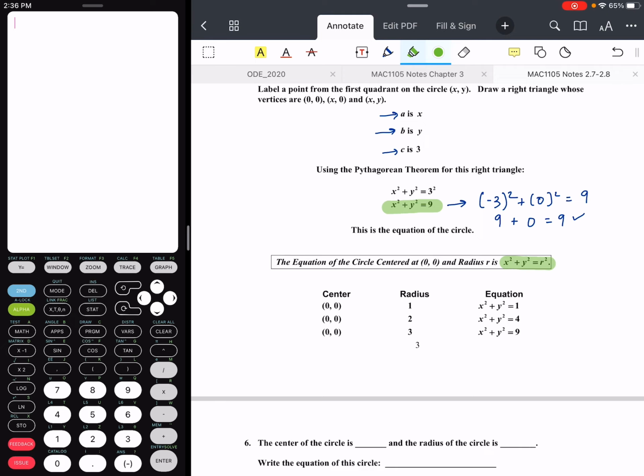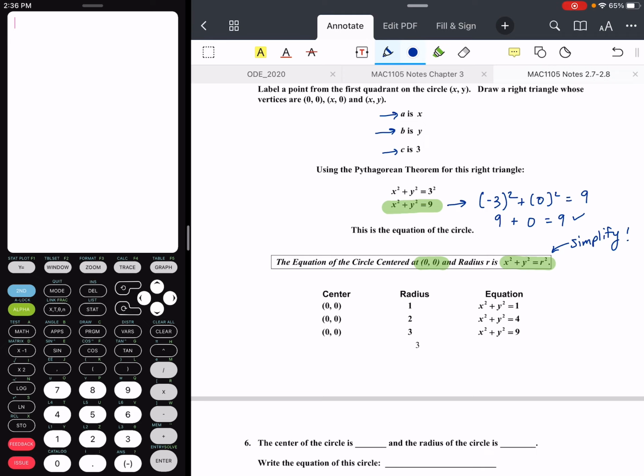We went ahead and simplified 3 squared as 9. But this is how we get to that formula: x squared plus y squared equals r squared, and then remember to simplify that constant squared on the right-hand side. This is our formula for circles centered at 0, 0. We'll see what happens when we shift them away from the origin later on.